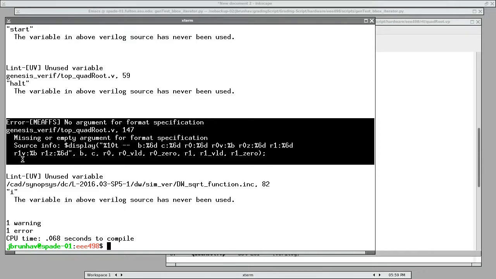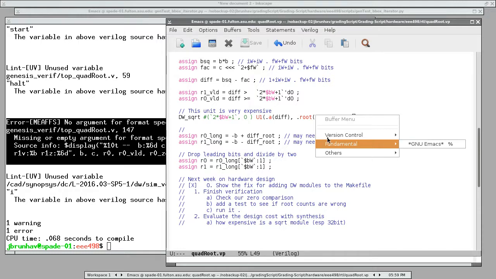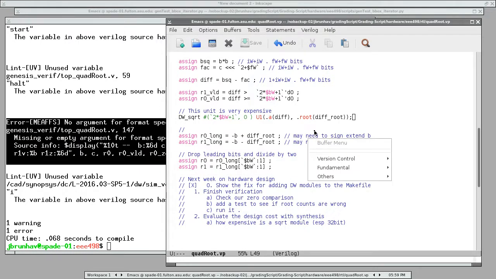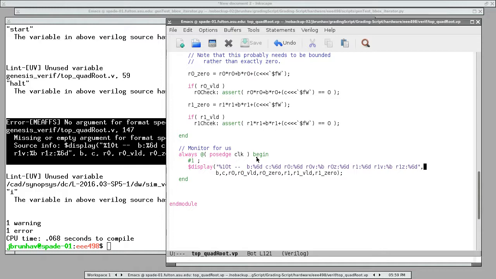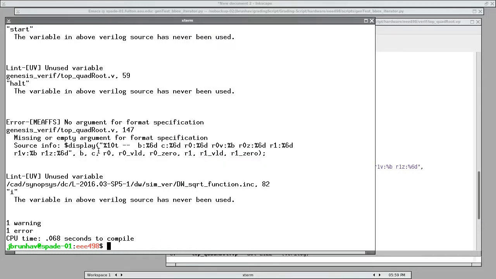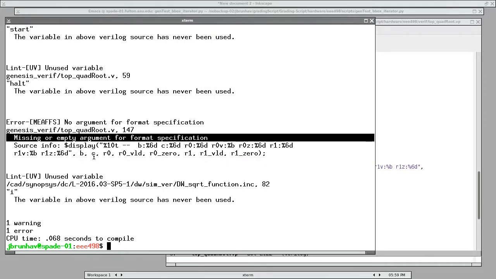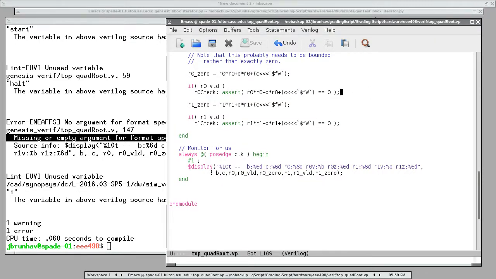So no argument for format specification. Top QuadRoot 147. All right. Well, one problem is we forgot to include $time here.